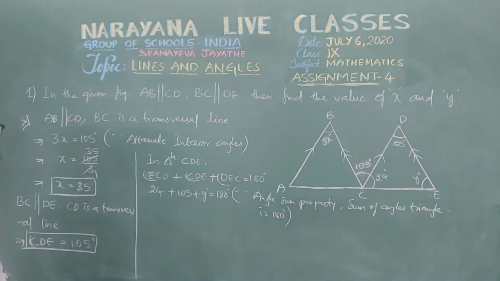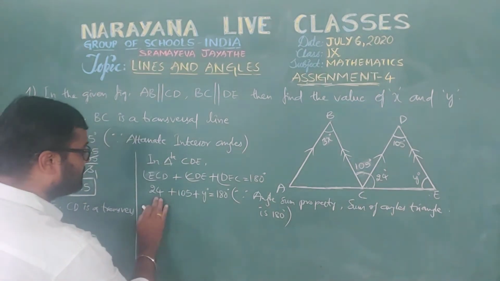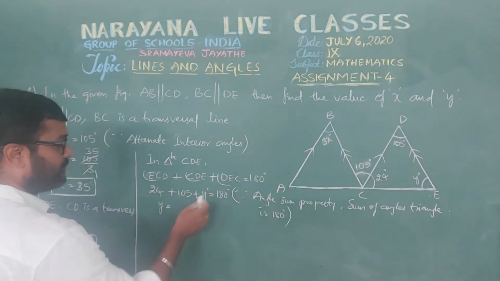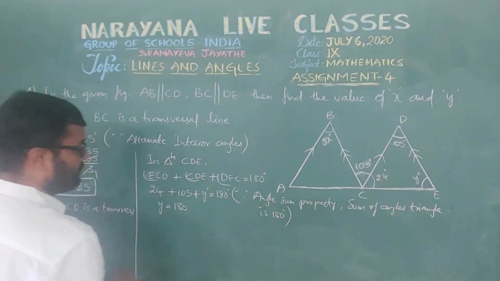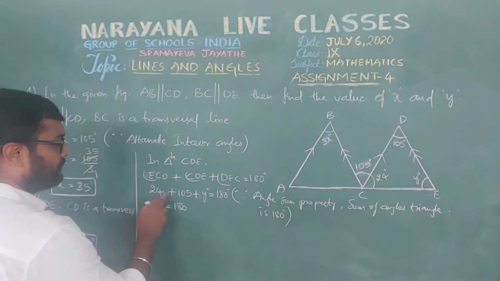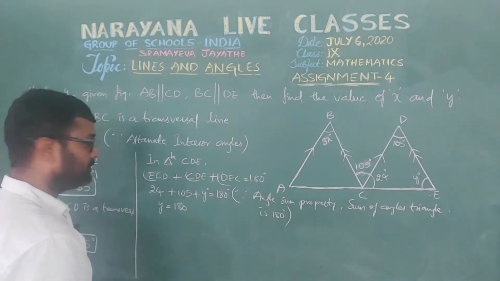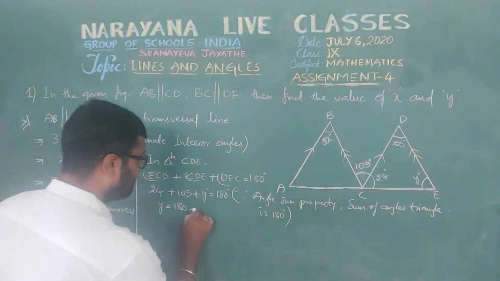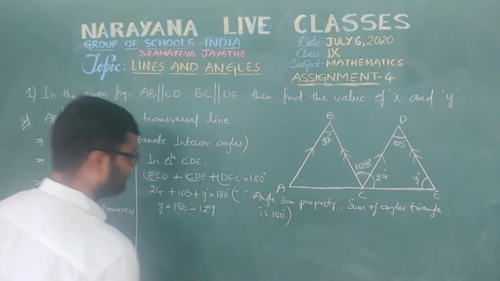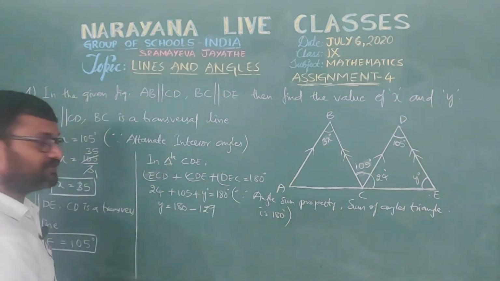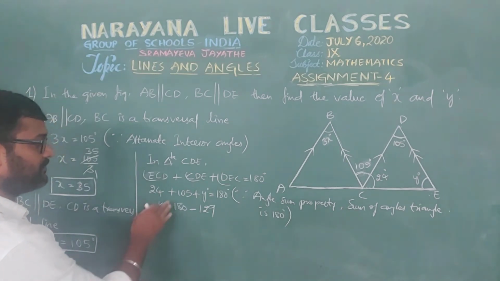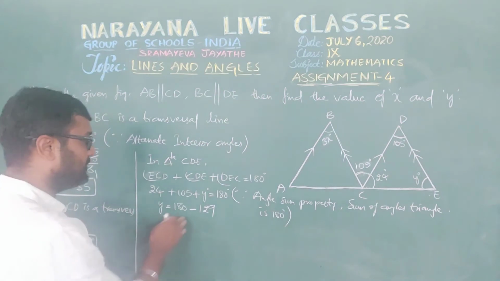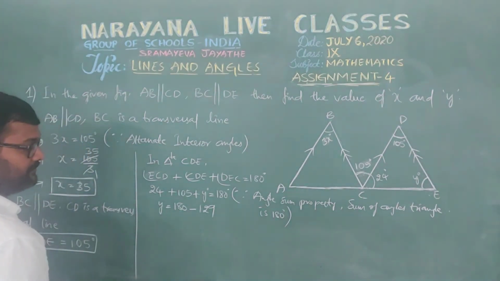Now this 24 plus 105, how much? 129. So y is equal to 180 minus 129. Why? Because here it is plus 129; if it is transposed to the RHS, it becomes minus 129.